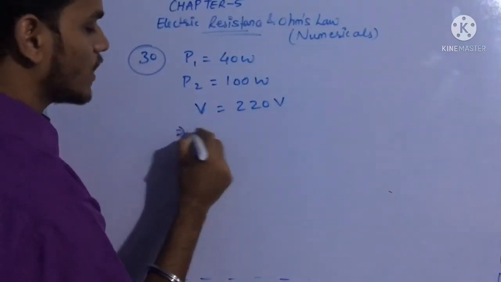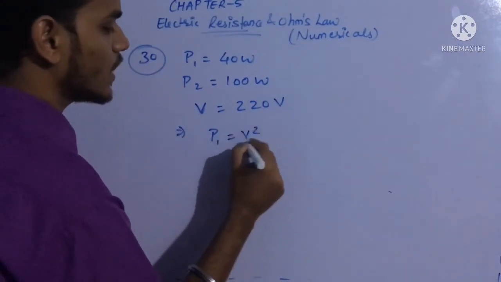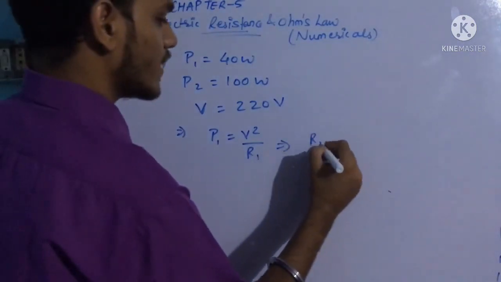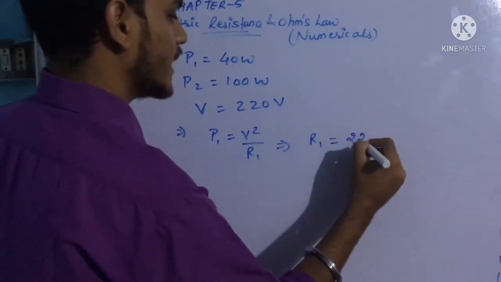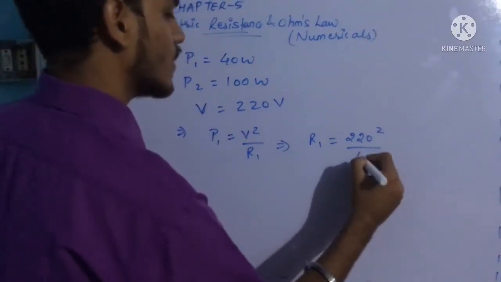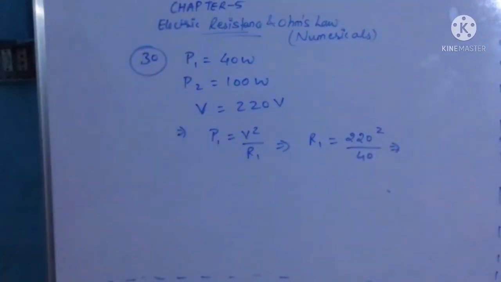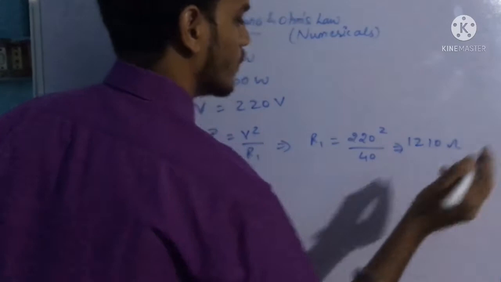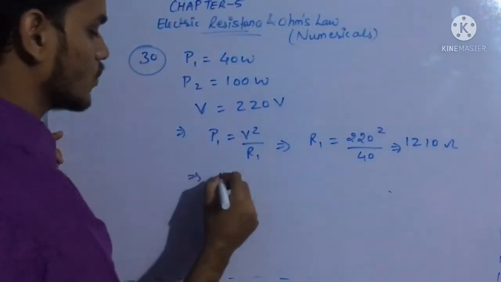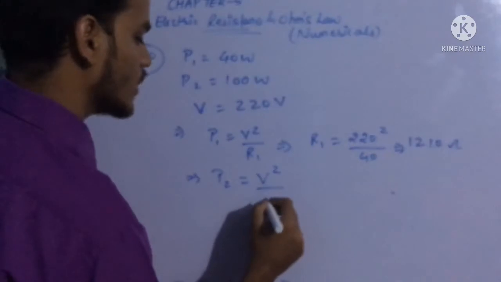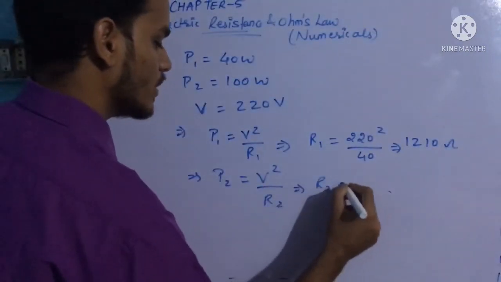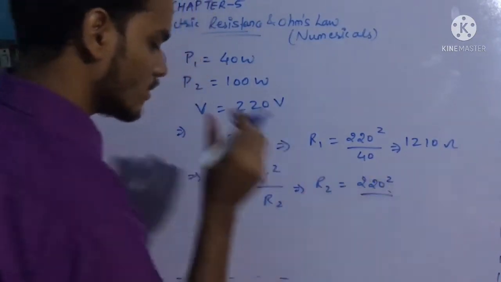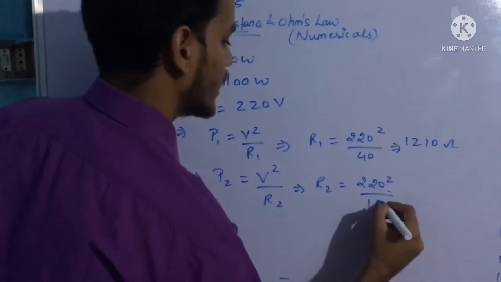We have the formula P1 equals V square upon R1. By this formula R1 equals 220 square upon 40. Solving by calculator, we get 1210 ohm. Now for R2, P2 equals V square upon R2, so R2 equals 220 square upon P2, where P2 is 100.